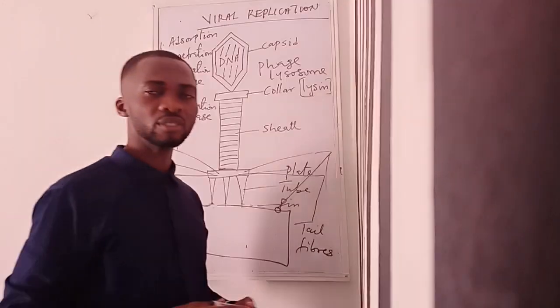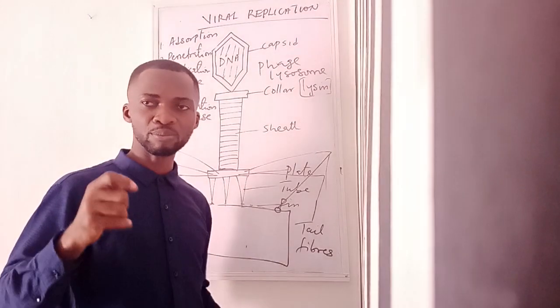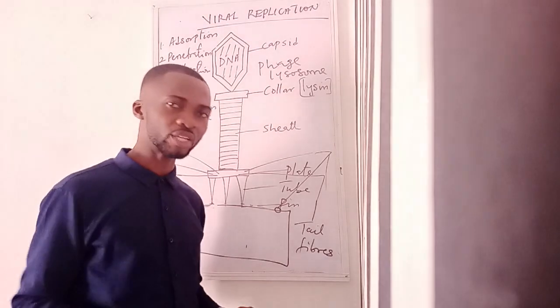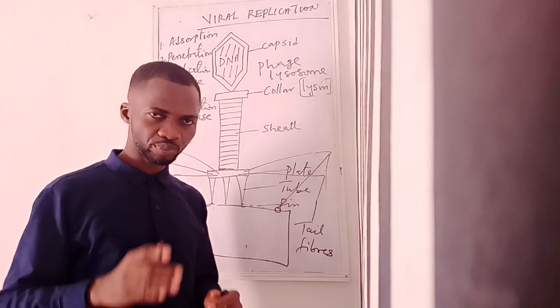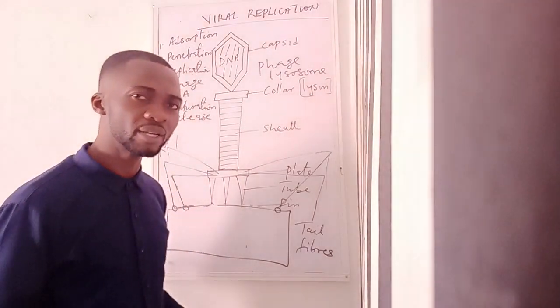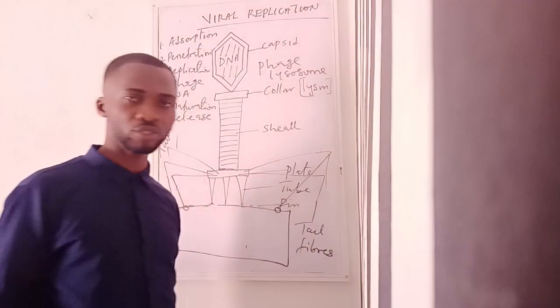And of course, this is a class of enzyme that helps in breaking, when I say breaking or digestion, lysis. So the bacteriophage releases this enzyme at this second stage of penetration.